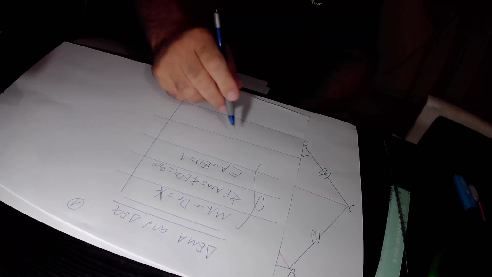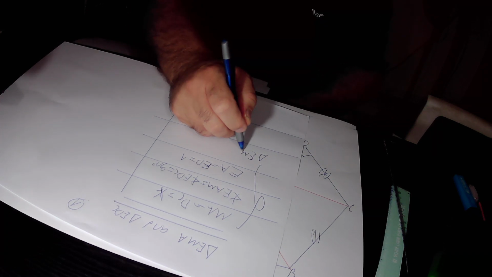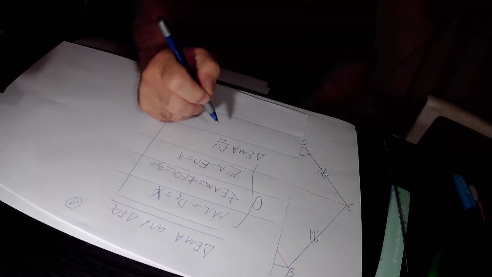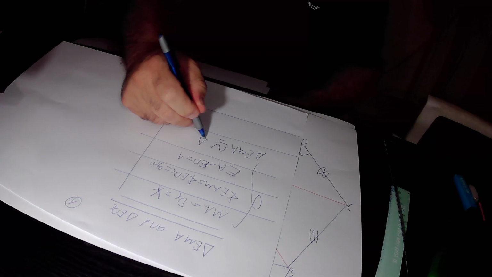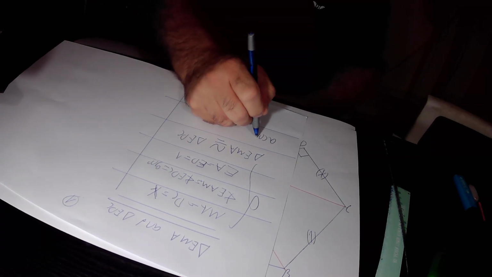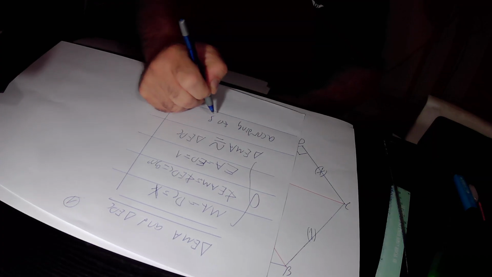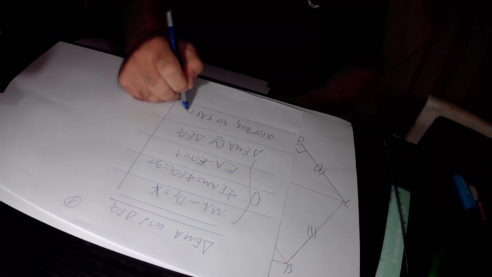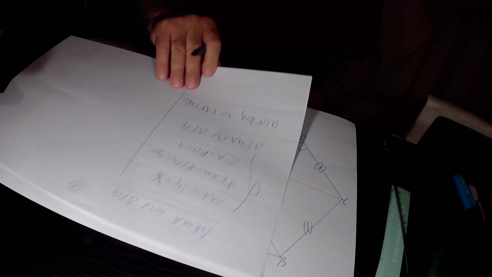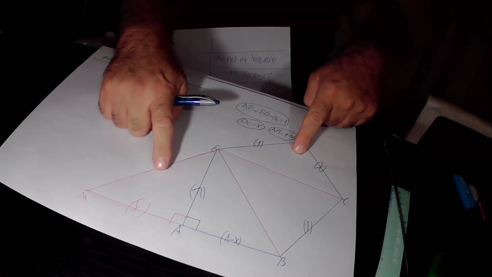If you found out that the right triangle EMA is congruent, this is the sign of congruent, to the right triangle EDC according to side angle side rule. And from the fact that those two right triangles are congruent to each other, we will derive two things.